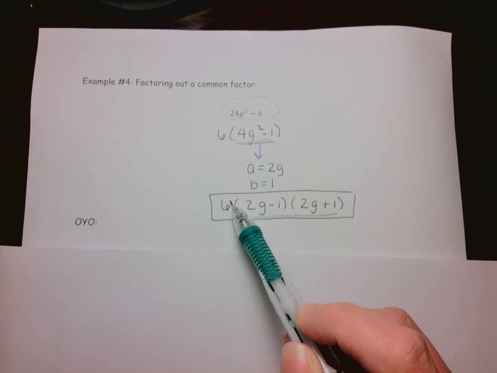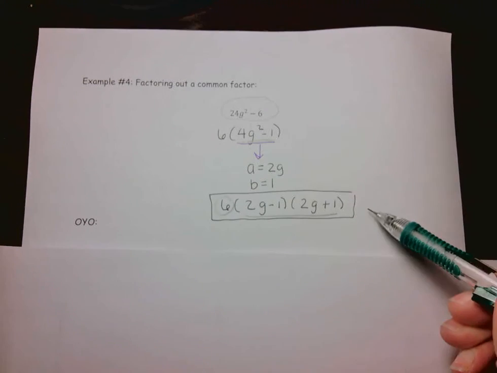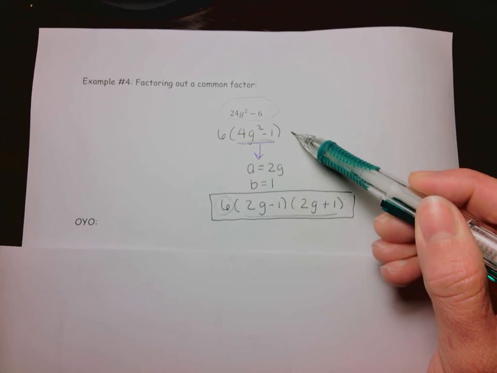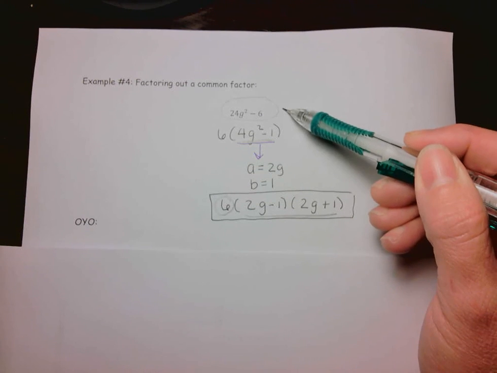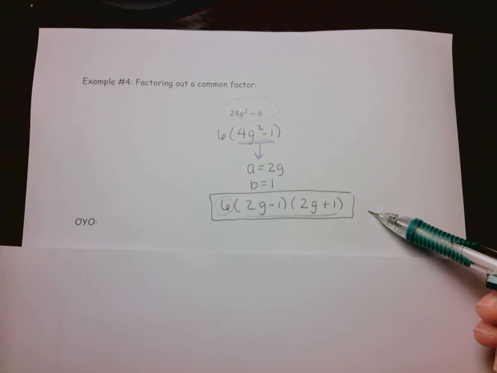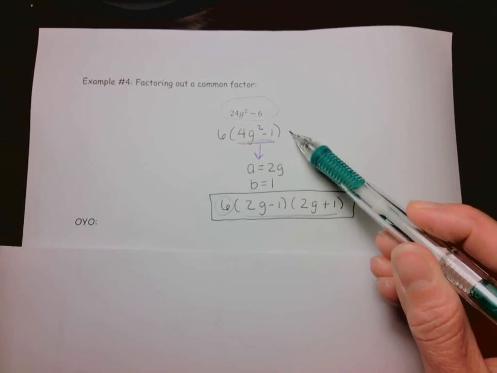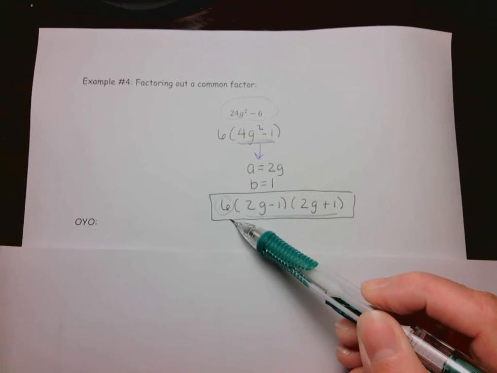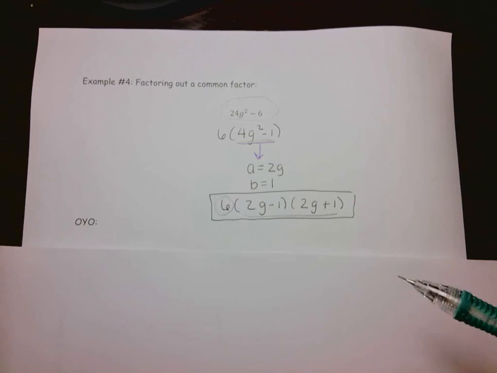And remember, in my final answer, I have to include the factor that I had pulled out at the very beginning, because mathematically this and this are equivalent. If I factored out a 6 at the very beginning, I have to make sure that I include it in the final answer.